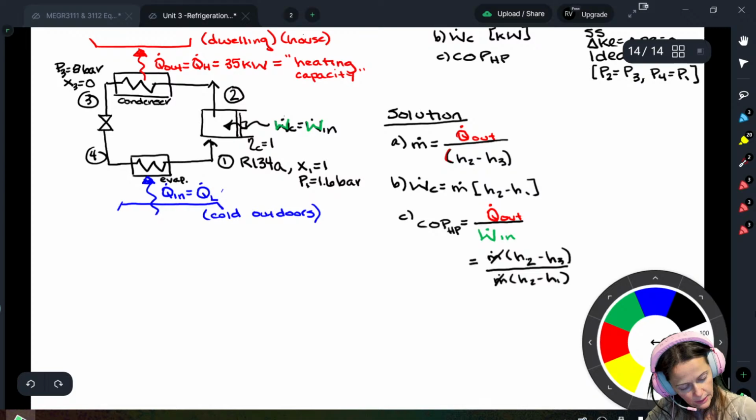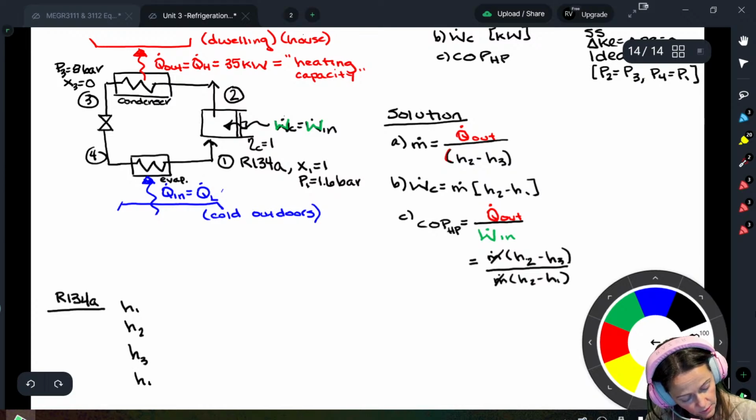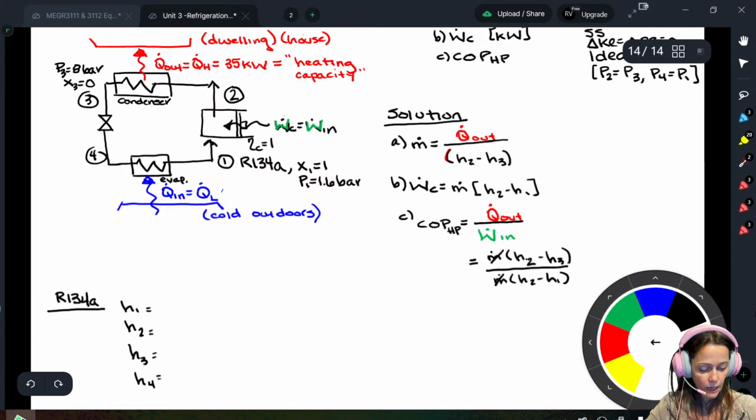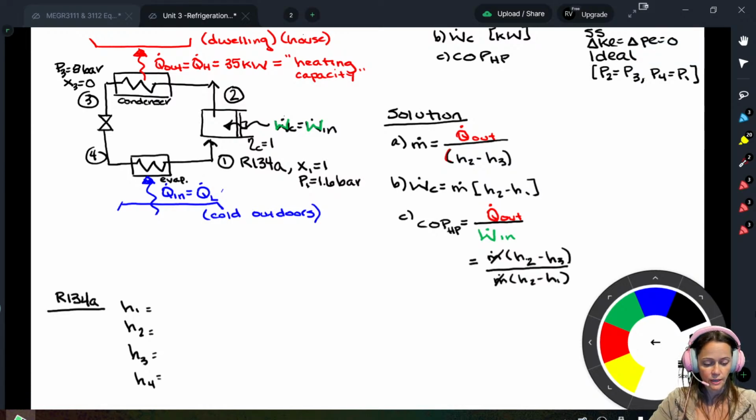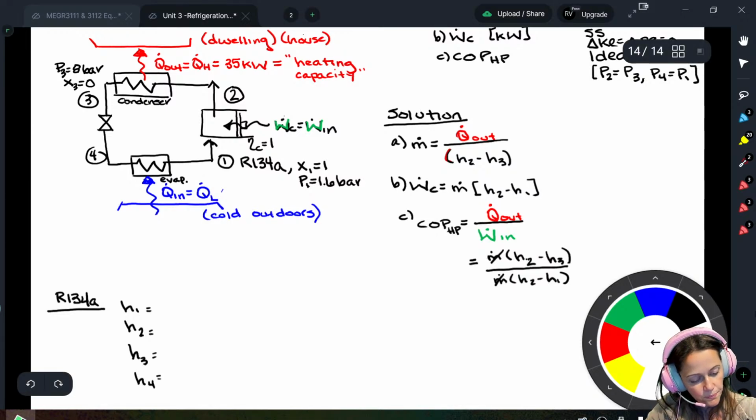So this is R134a. I'm going to just go ahead and give you these values with the assumption that you could probably look them up. I don't want to waste anybody's time. But let's go through and think about the intensive properties that we know at each state. For state 1, you've got the quality and you've got the pressure.